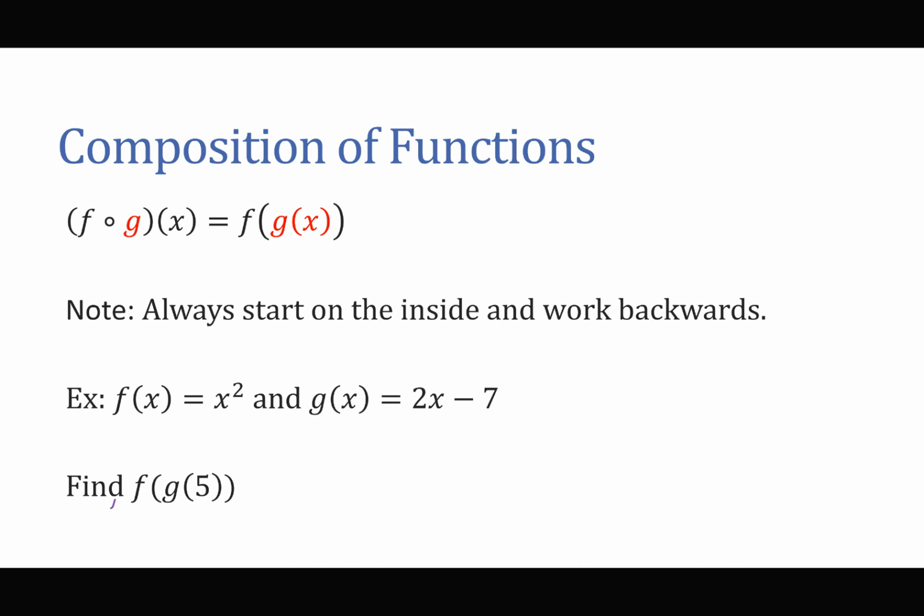Okay? This little open circle, that means composition. Do not confuse that with multiplication. All right, an open circle, and it will be a distinct open circle. That means composition.